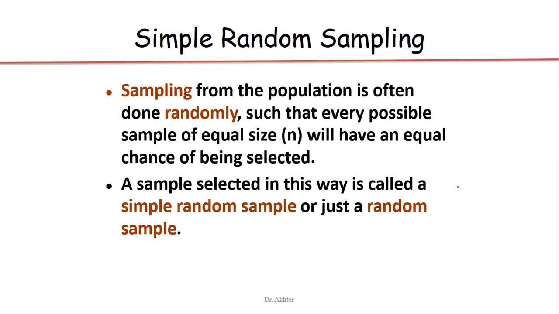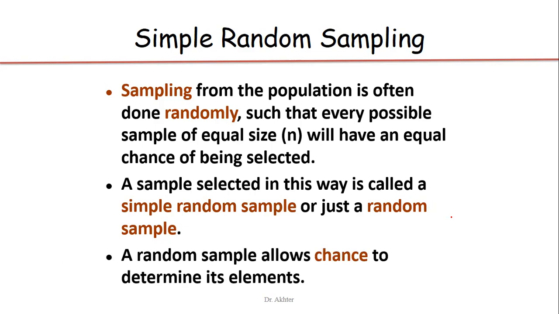If the probabilities of elements are not equal, we have a different set of sampling techniques like stratified sampling. We have quota sampling. We have sequential sampling. These other sampling plans we have, but the two major plans are simple random sampling and stratified random sampling.